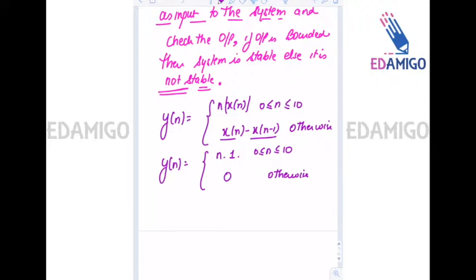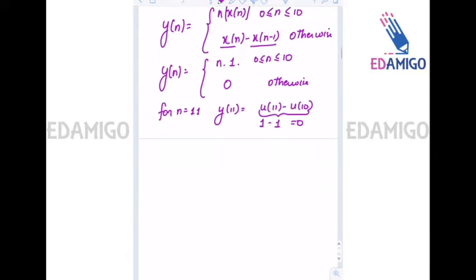For example, for n equal to 11, y11 will be equal to u11 minus u10, and both values are 1, so 1 minus 1 is 0. Similarly for n equal to 12, y12 will be 0, y13 will be 0, so all these will be 0.